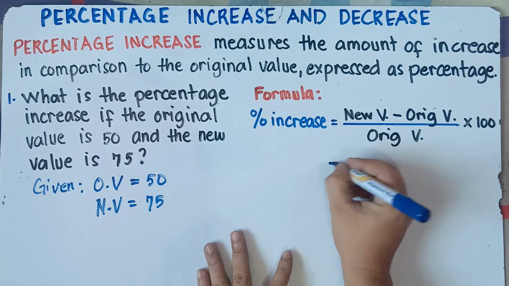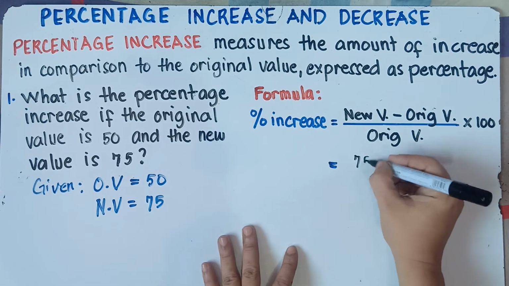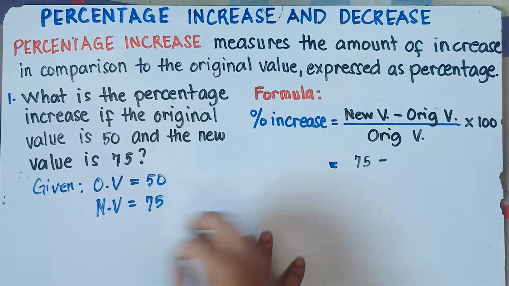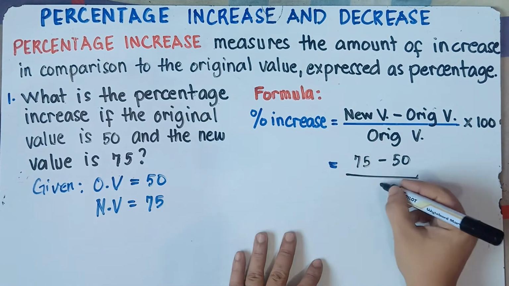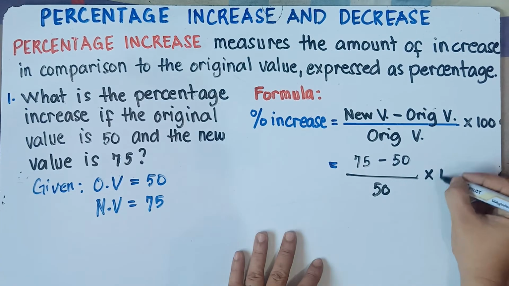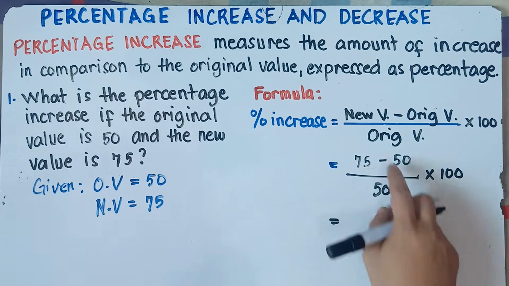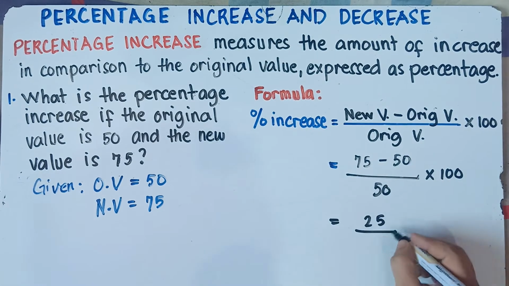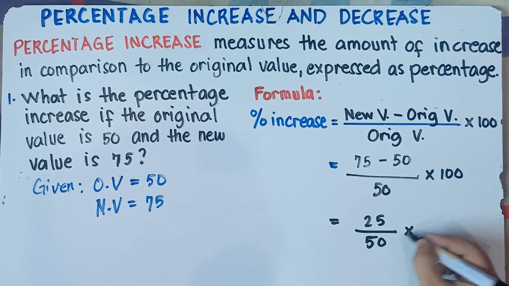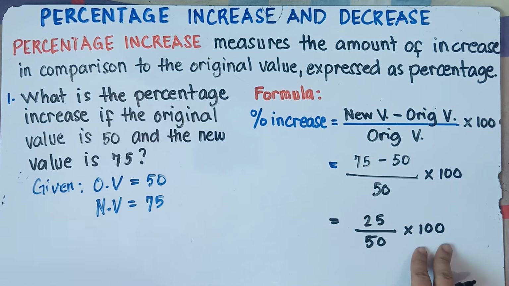So percent increase equals new value, 75, minus original value, 50, divide by original value, 50, and then times 100. So 75 minus 50, subtract first, that is 25, divide by 50, times 100. Once again, divide first before you multiply by 100.